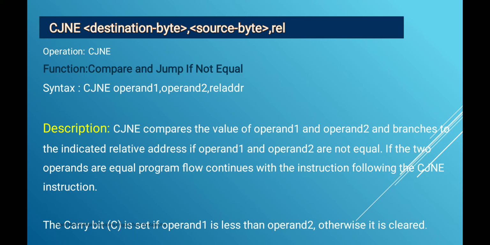R7 is compared with the value 60H. After that, the next instruction is written at the label down: JC with label low.